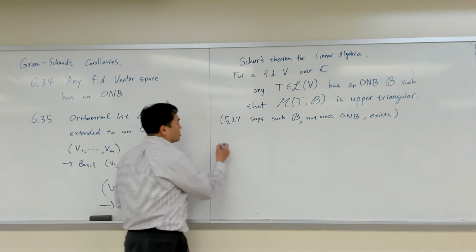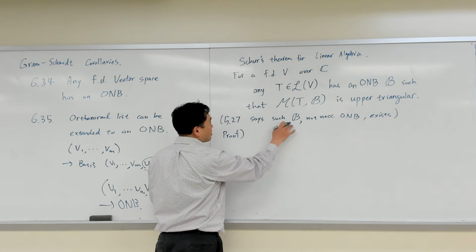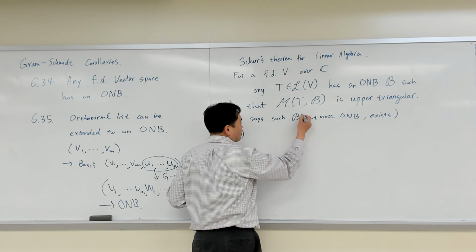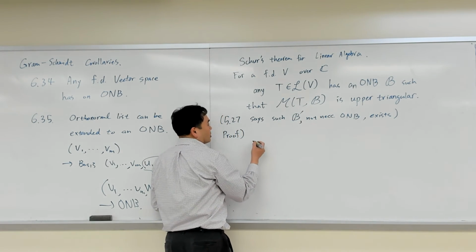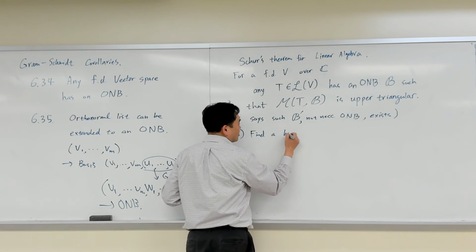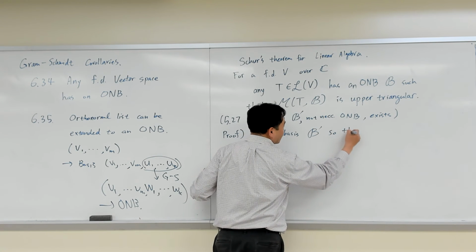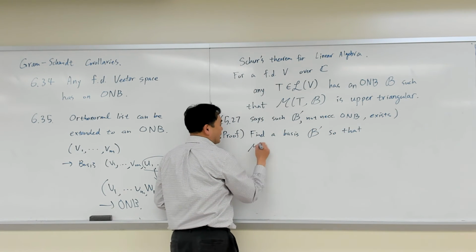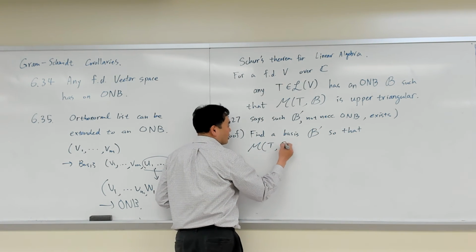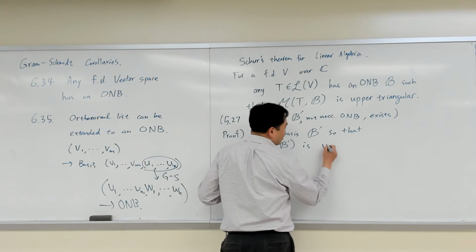So now the proof: you take that basis, let's call this B prime. Find a basis B prime so that the matrix of T under this B prime is upper triangular.